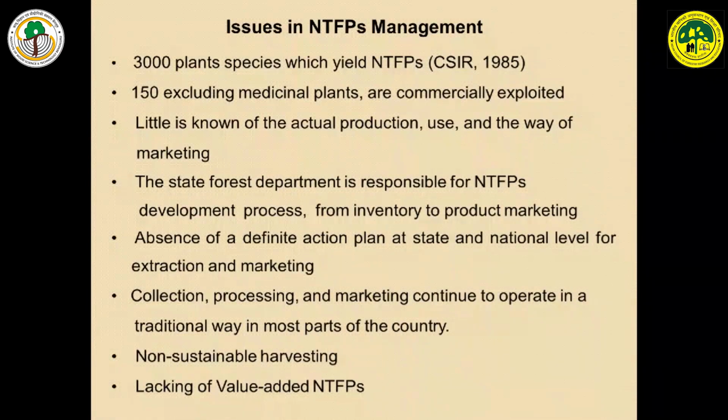This type of small intricacy is not taken care of even in management. So there is a lot of loss of genetic material. There is a lot of gap in the way it has to be collected, then processing and marketing; all these things are not well established.